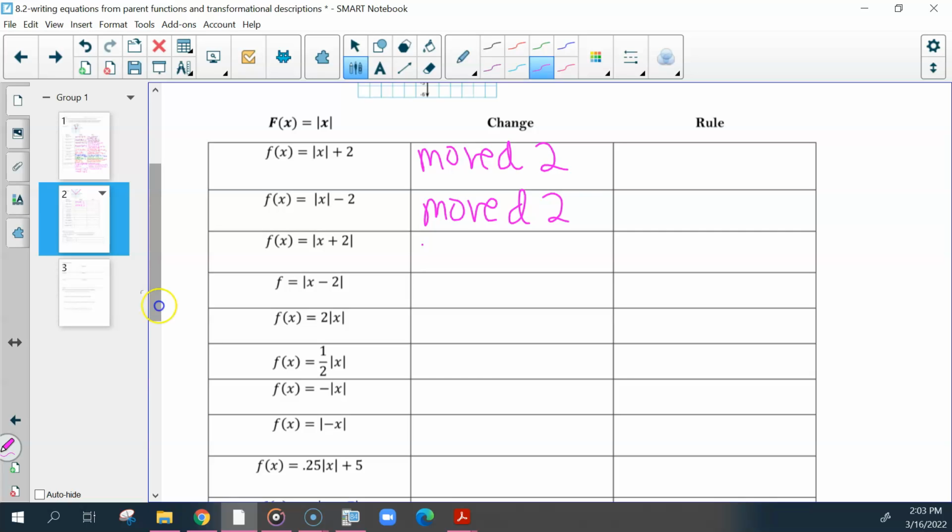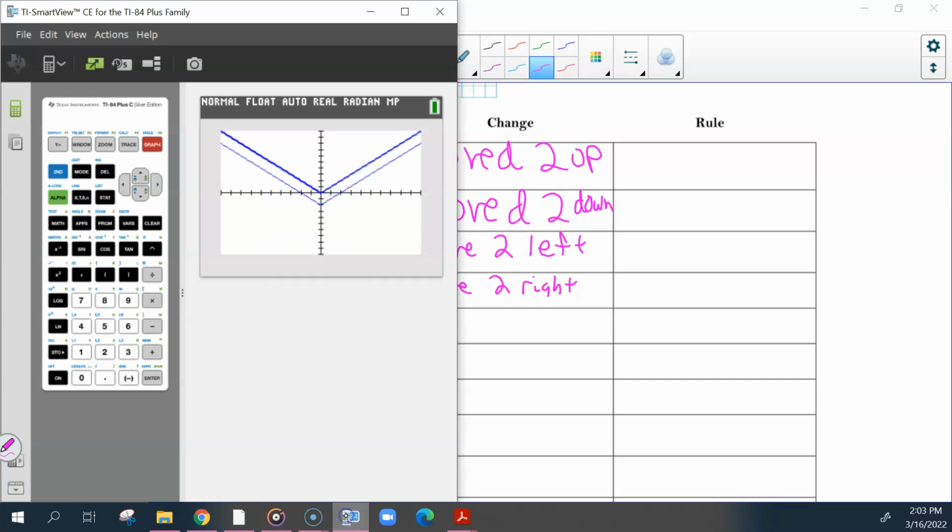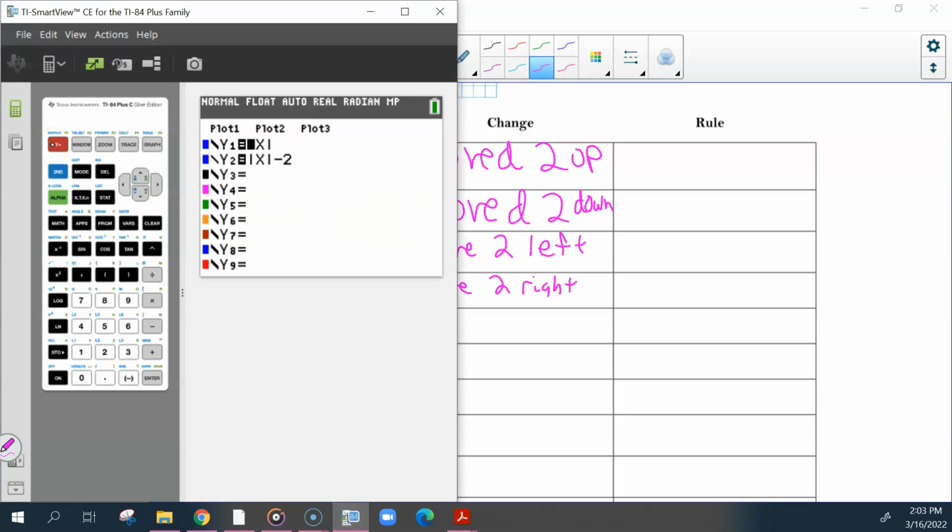There's move up, move down, move to the left, move to the right. The 2 on the outside, if you're not sure, you can just put that back in.